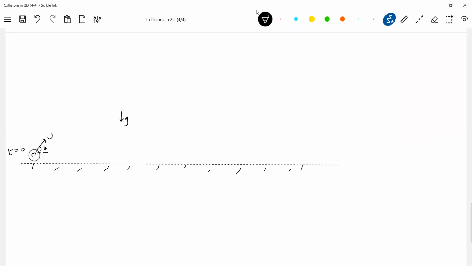The first case, let E equal to 1. What will happen to it? As I projected it, this particular ball is going to describe a parabolic path.